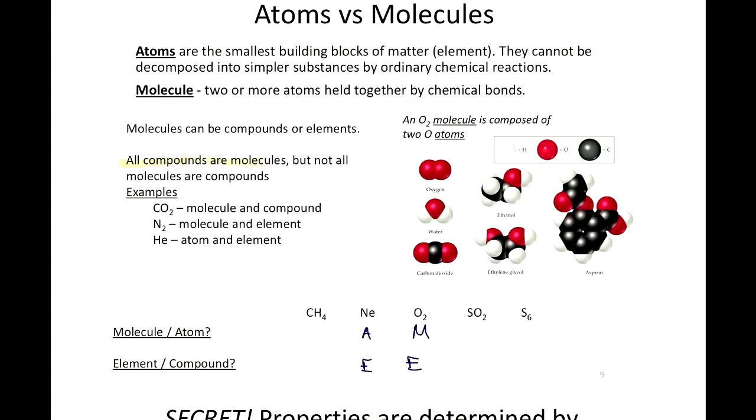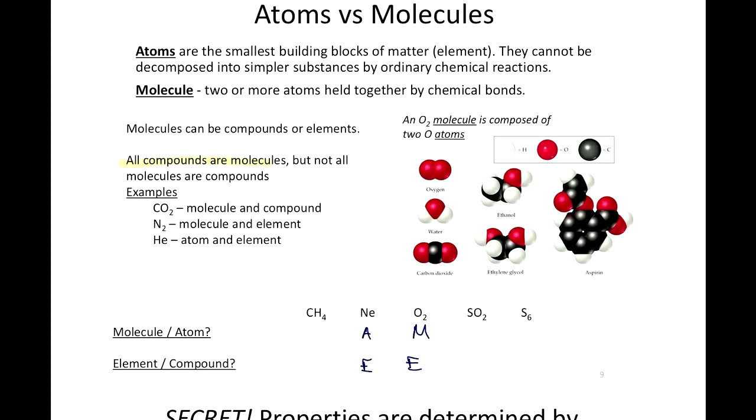All compounds are molecules, because for compounds, we need to combine different elements together and bond them together, but not all molecules are compounds, because some molecules are elements, such as diatomic oxygen, right? In order to have a compound, we need to have different elements present, right? But as long as we have two atoms bonded to one another, if it's the same element, it's still an element, but now it's a molecule.